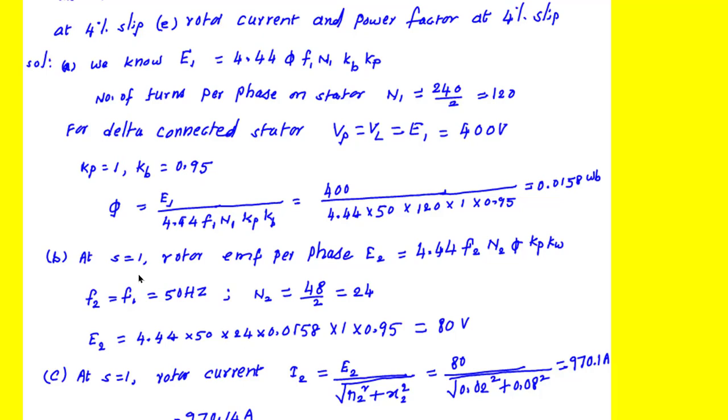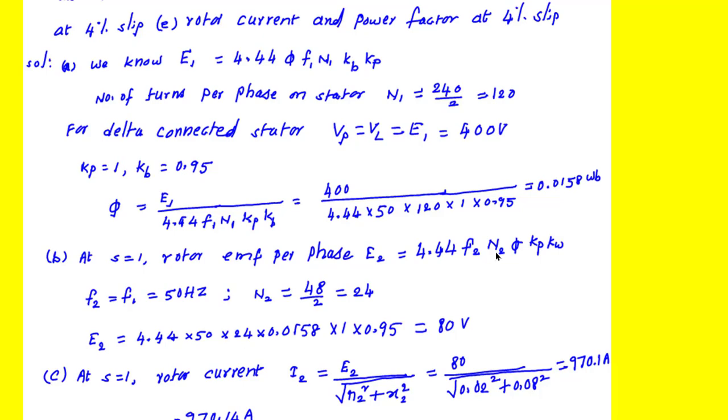The second bit, that is B, is what is the induced EMF in the rotor when the rotor is at standstill. So the rotor speed is 0, and at standstill the slip is equal to 1. The rotor EMF per phase is given by the equation E2 is equal to 4.44 F2 N2 phi Kp Kw.